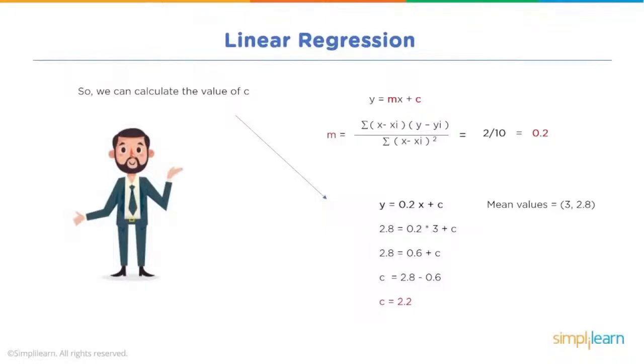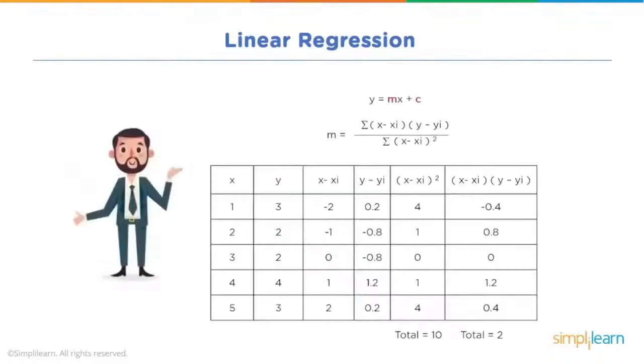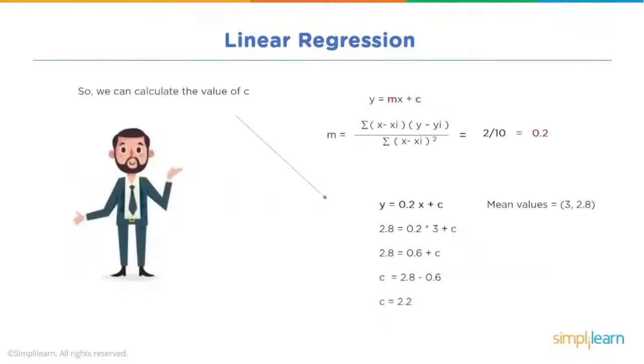Flipping back to that graph, there's our mean point, x equals 3 and y equals 2.8. Since we know that value, we can plug it into our formula y equals 0.2x plus c. So we get 2.8 equals 0.2 times 3 plus c, and solving for c, we find our coefficient equals 2.2.